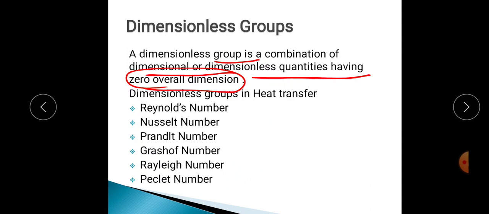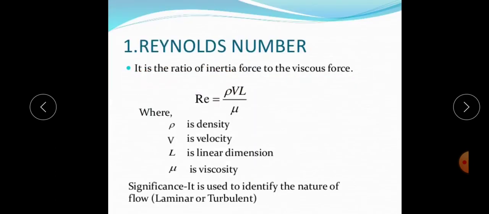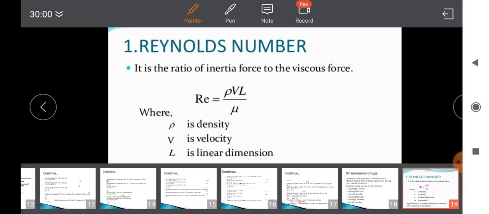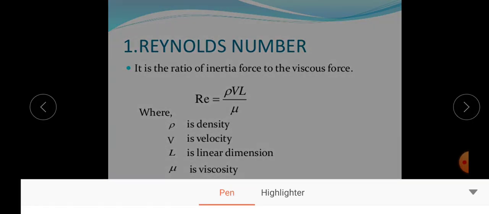So these are some common dimensionless numbers used in heat transfer. I'll be discussing them one by one, each with the significance and their formula also. So the very first dimensionless number is the Reynolds number.